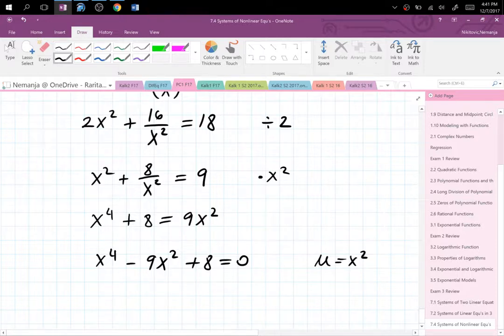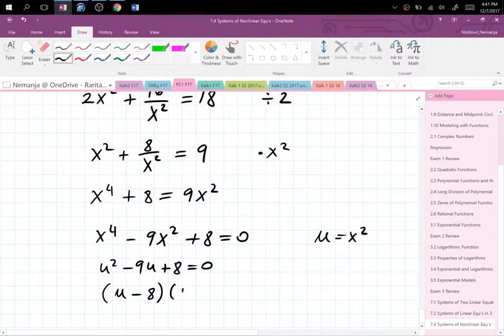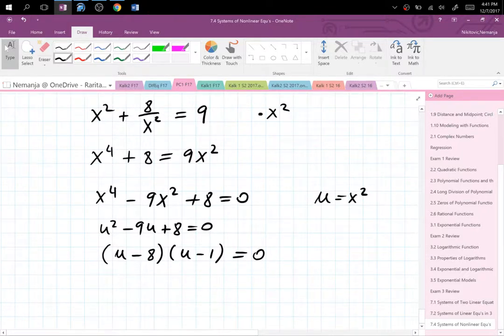You've seen this also in your exponential equation solutions, the substitution method. So you get u squared minus 9u plus 8 equals 0. That factors into u minus 8, u minus 1. And you get u equals 8 and u equals 1.